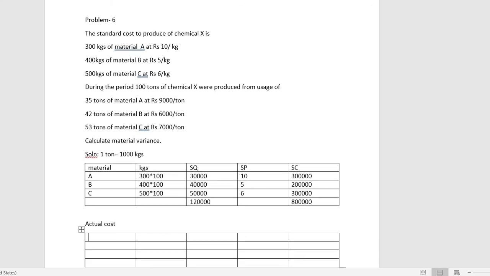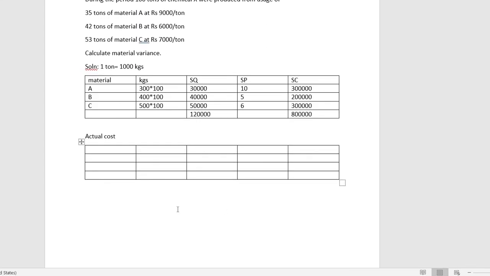Actual cost: material, kgs, actual quantity, actual price, actual cost. So the actual kg was 35 tons of material A, right?